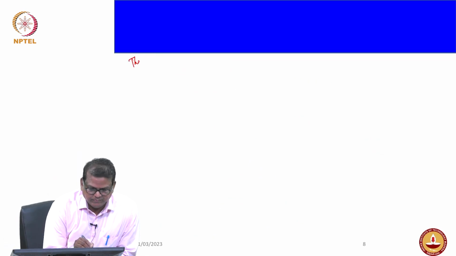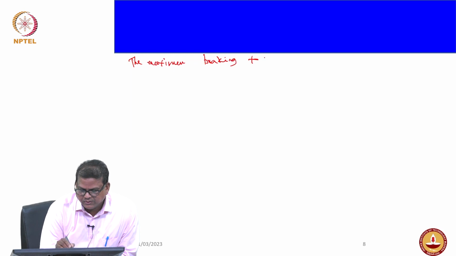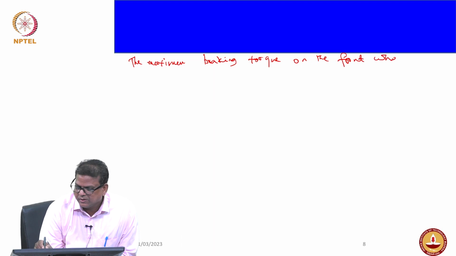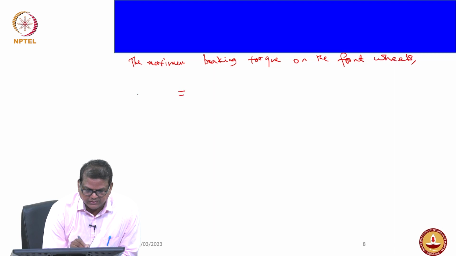The maximum braking torque on the front wheels. So what will be the maximum braking torque at the front wheels? TB at the FA, right?